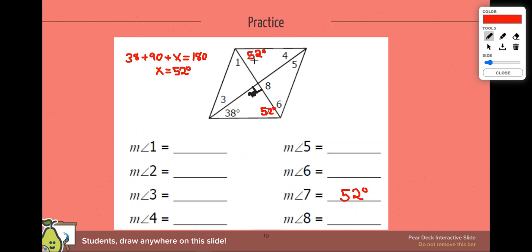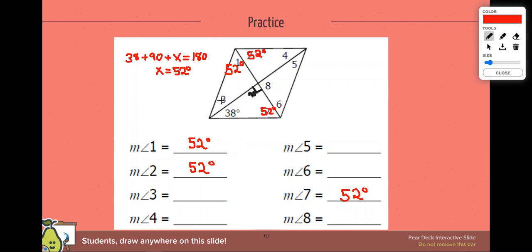If this angle is 52 degrees, then angle 1 also has to be 52 degrees because it must bisect this angle. So angle 1 is 52 degrees, angle 2 is 52 degrees, so this entire angle would be 104 degrees.